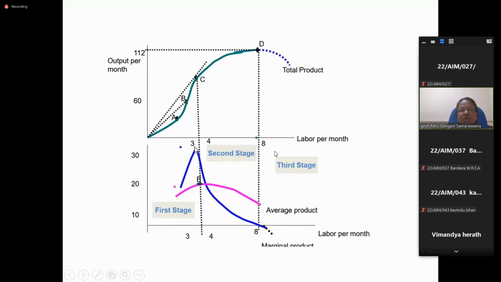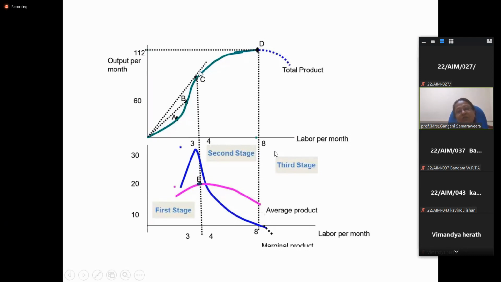Even though you are adding 1 unit of nitrogen or 1 unit of urea, the marginal product, the change of product from adding 1 unit, is gradually decreasing. That is the way of marginal product.